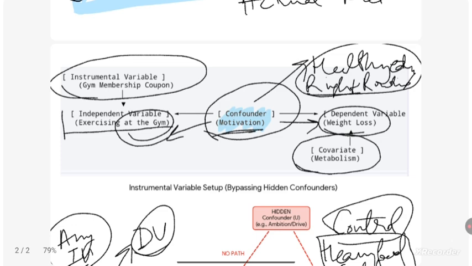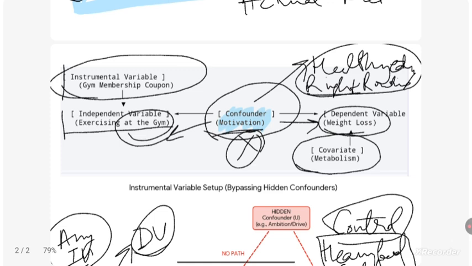So we need an instrumental variable which restricts our study to exercising at the gym, as we are not considering the confounder motivation, which is an unobserved variable in our study, right? It is unobserved. In case it was observed, then we could have controlled it in our study, and it becomes a control variable. But here, it's unobserved in our study, so we take an instrumental variable.